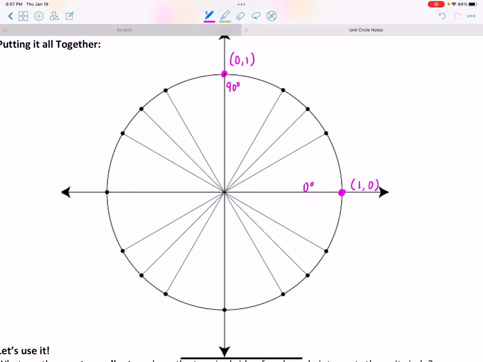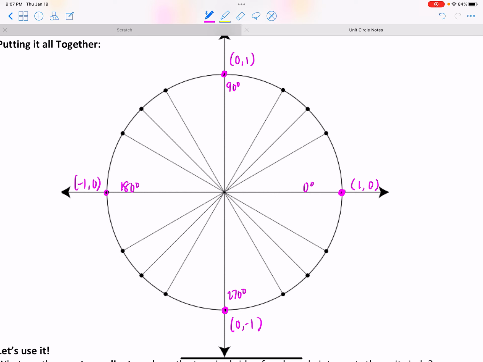And then if I went another 90, I know I'm at 180 degrees, the coordinates here would be negative 1, 0. And if I go down here to a 270-degree angle, these coordinates would be 0, negative 1. And those coordinates are going to be just as important as all of the others. We'll come back to that in a second.